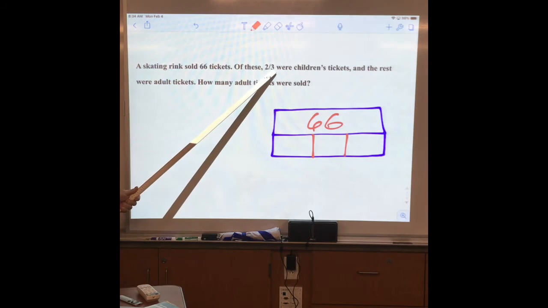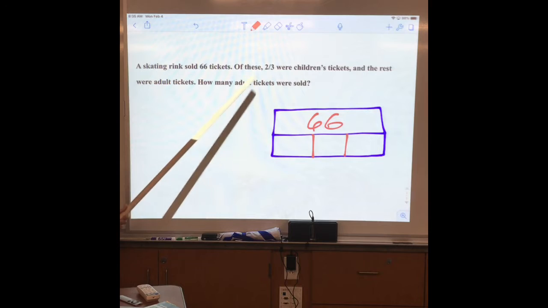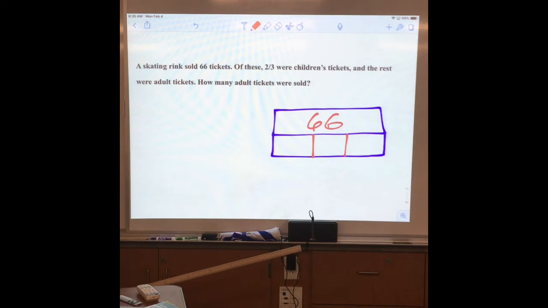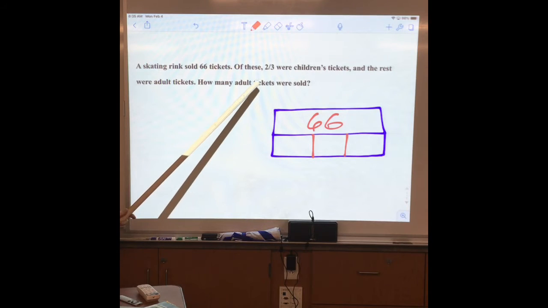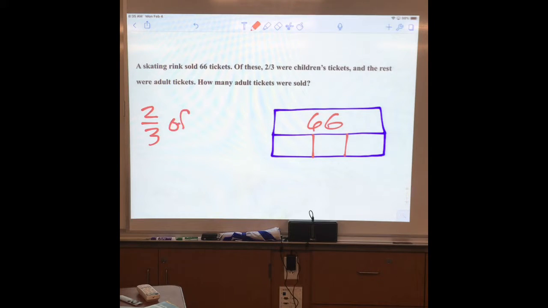So our unit is 3, right? Okay, so we have 66 tickets. It says 2/3 were sold to children. Why don't we figure out what 1/3 is going to be, and then we'll go from there. How does that sound? 2/3 of 66.